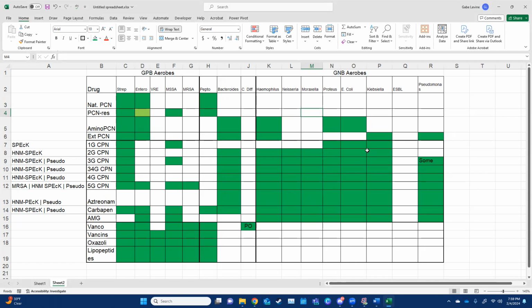Any questions? I thought that as well, because I have it in my chart, but I couldn't find it.